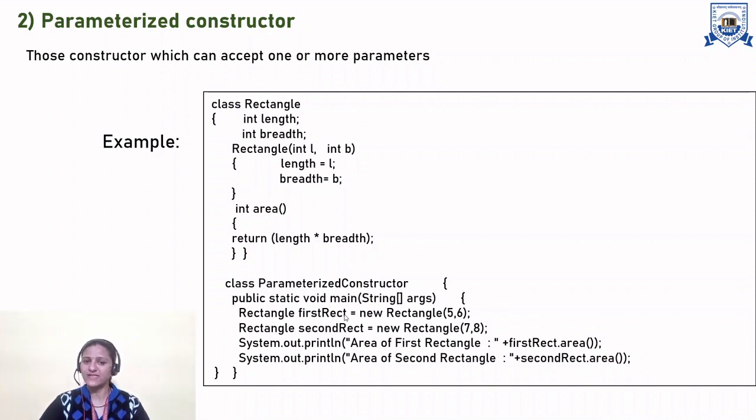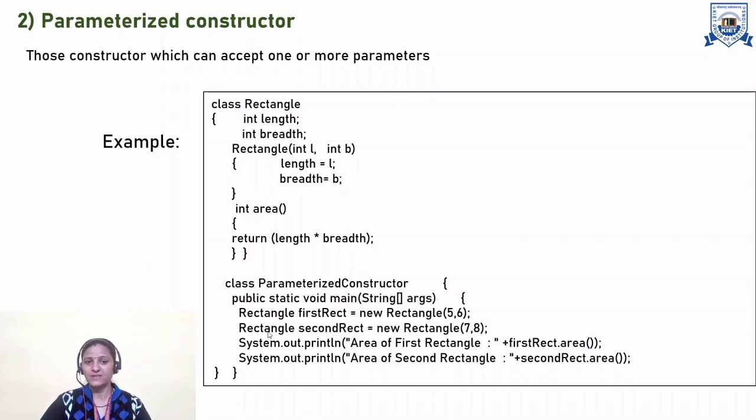As soon as we did this, we passed the two values 5 and 6. These got passed automatically to the constructor and were received inside the two variables L and B, which the constructor assigned to its class members.